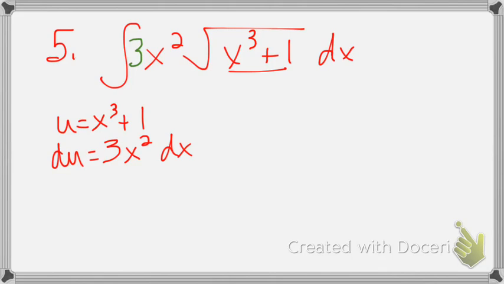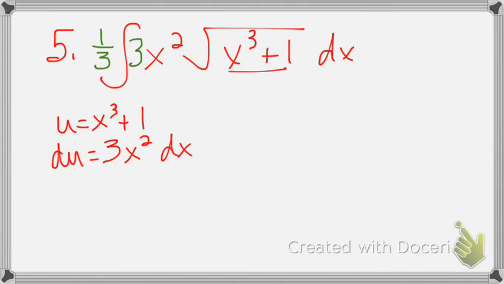But if I put a 3 there, I don't want to change the problem. Listen. If I put a 3 there, I need to also multiply by 1/3 so that I haven't changed the problem. Okay? Because 1/3 times 3 is 1. Right? So what I'm going to do is I'm going to put a 1/3 on the outside, because you can always do that with things that are multiplied.